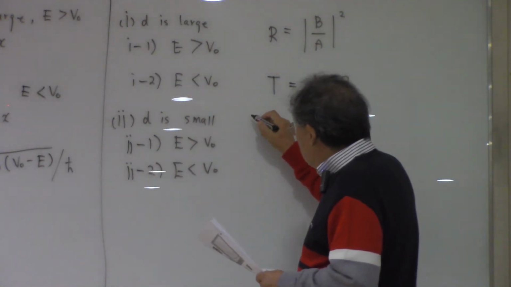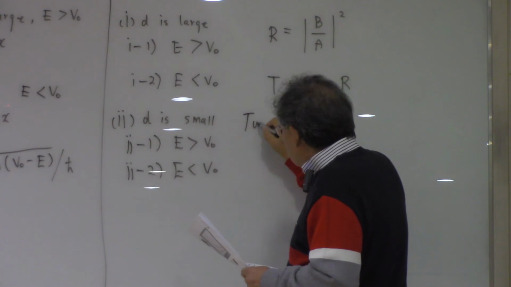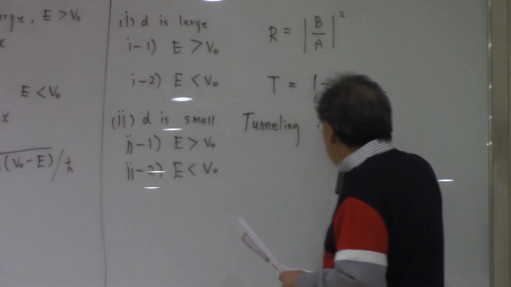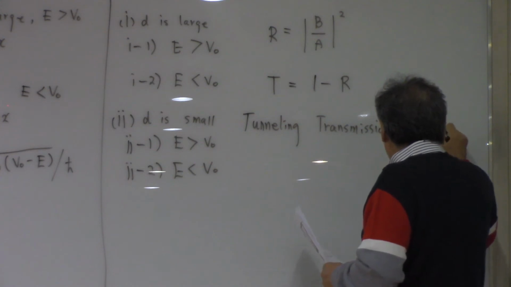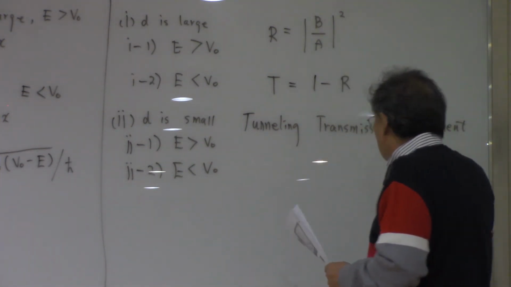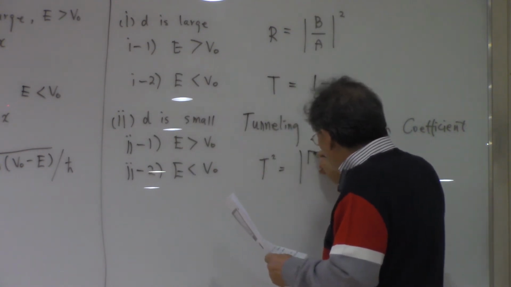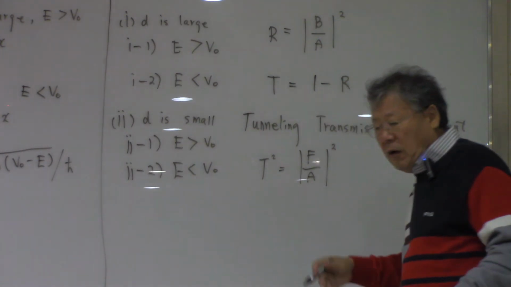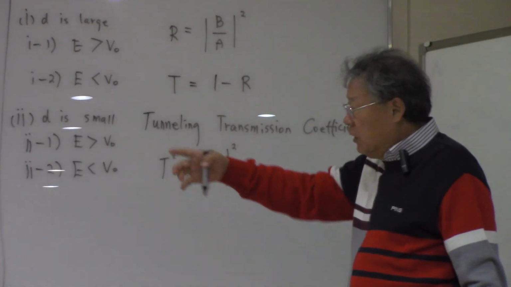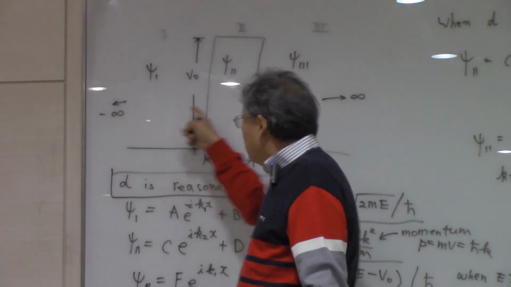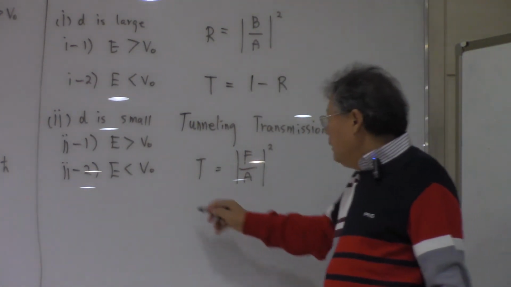Then we have a peculiar case, the tunneling transmission coefficient, which is defined as T equals F over A, the amplitude of the wave psi 3 over the amplitude of the incoming electron wave A.